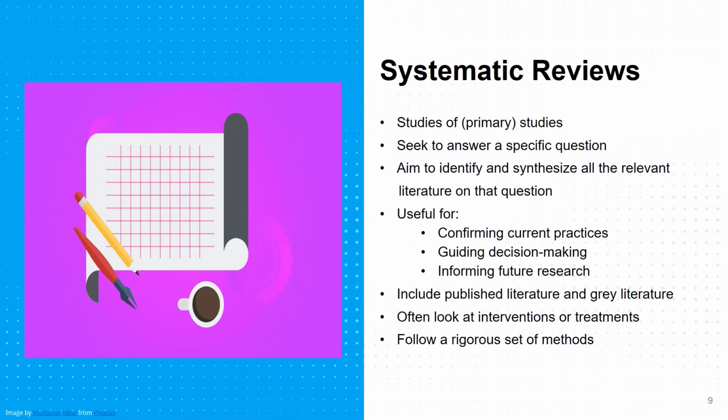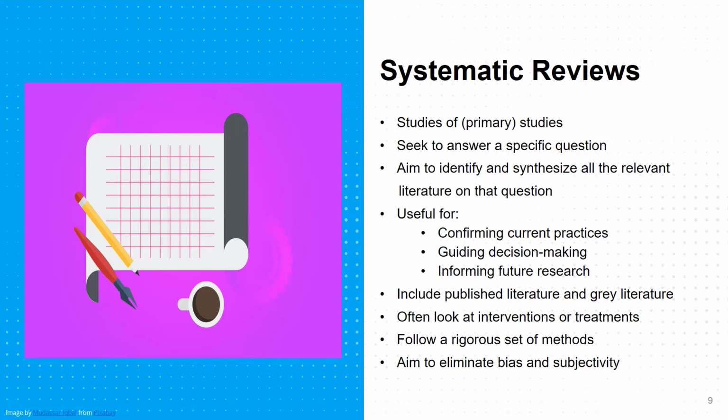So systematic reviews follow a very rigorous set of methods that I'm going to get into. And the reason really that they follow this rigorous set of methods is because they want to eliminate bias and subjectivity. So for systematic reviews, we really recommend that you work with a team.